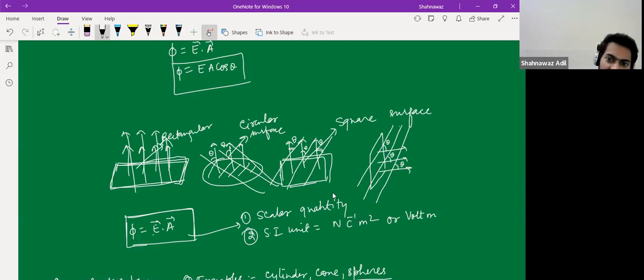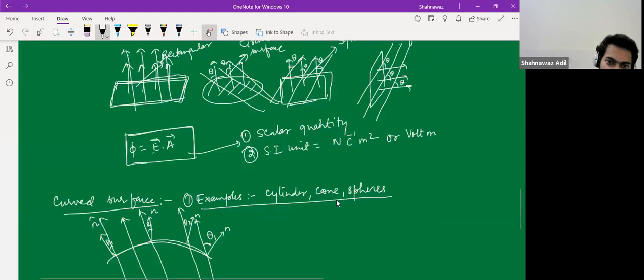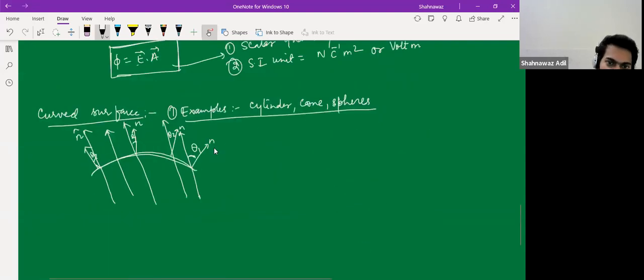But for this curved surface, this theta changes at each point. So calculating the flux would be difficult, right, guys?